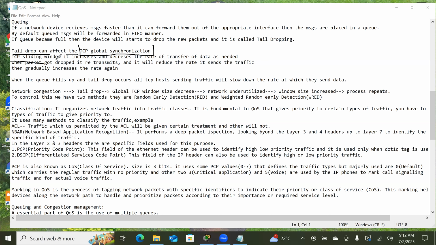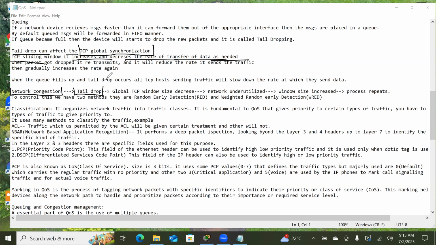The TCP sliding window increases and decreases the rate of data transfer as needed. Whenever network congestion is happening, meaning traffic is increasing on the link between the source and destination, there will be tail drops at the source end.